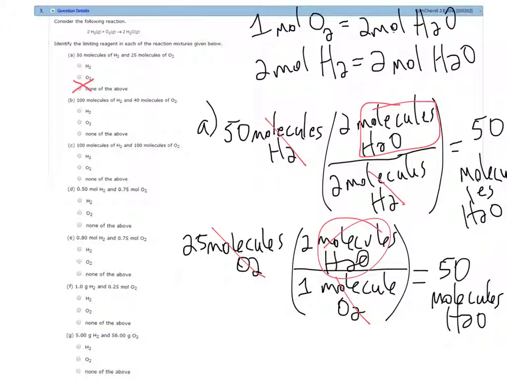Let's look at part B. 100 molecules of H2 and 40 molecules of O2.